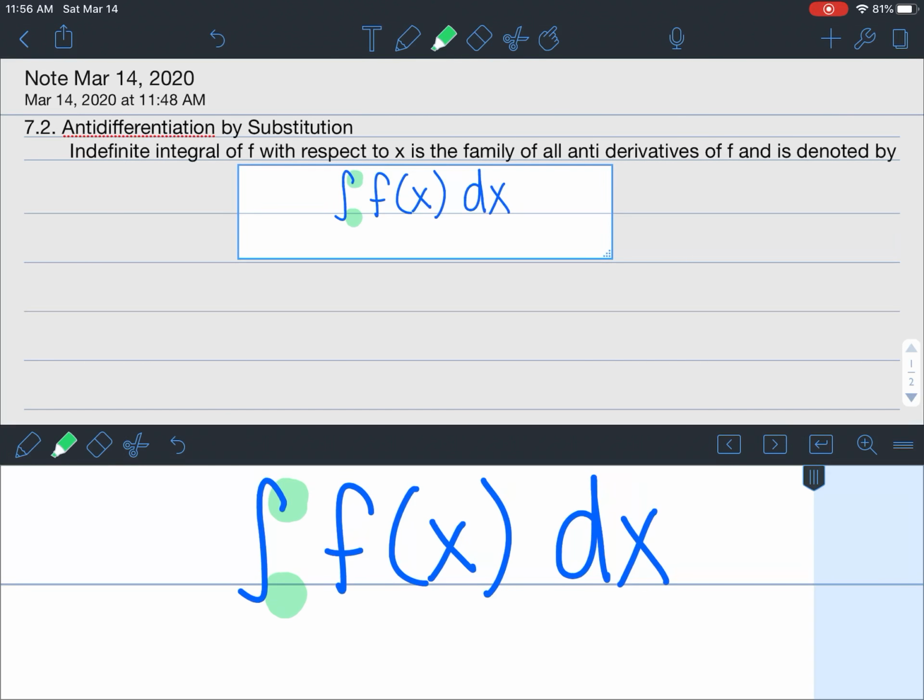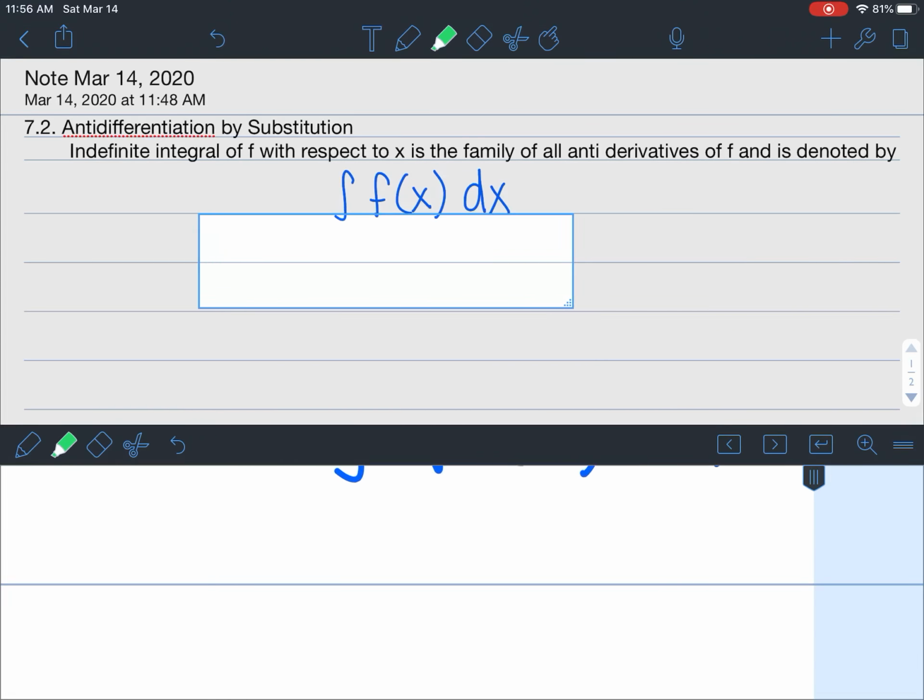That's what makes it an indefinite integral. That means that instead of finding an actual value as you integrate the function, you are simply finding a formula that somebody could put numbers in later to calculate the area under the curve.